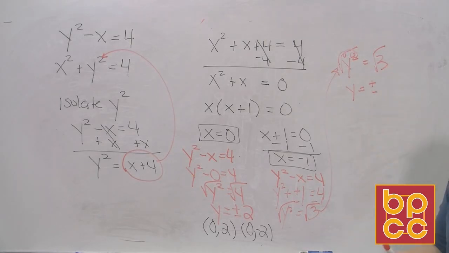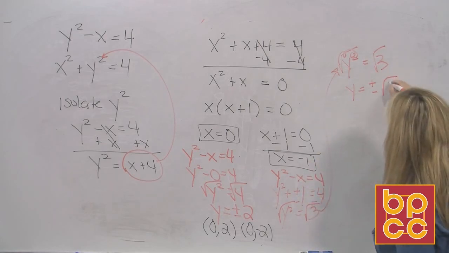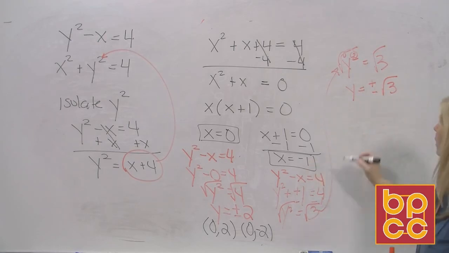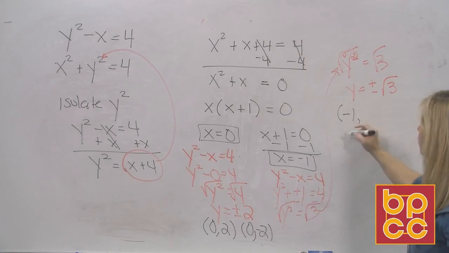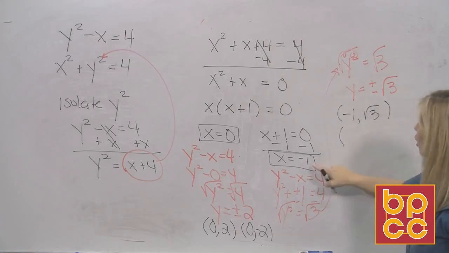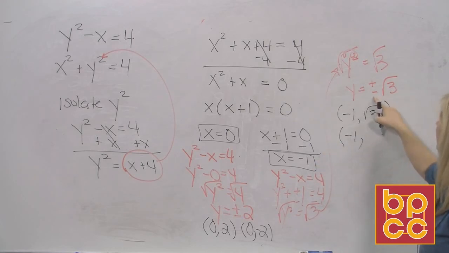Can you square root the number 3? No, 3 is prime. It has no perfect square. We've already reviewed that. So we leave it as a square root. You got two values for y when you just use this x is negative 1. So again, two more ordered pairs. When x is negative 1, you get a positive square root of 3. When x was negative 1, you get a negative square root of 3.